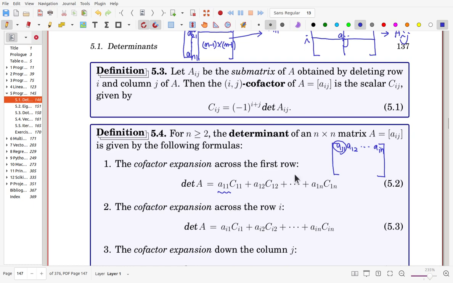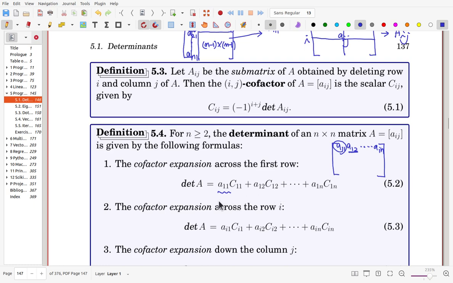And for A12, this entry, we try to get the corresponding cofactor C12 and so on. So for every entry in the first row, we get its cofactor, and the entry itself is multiplied by it and summed.